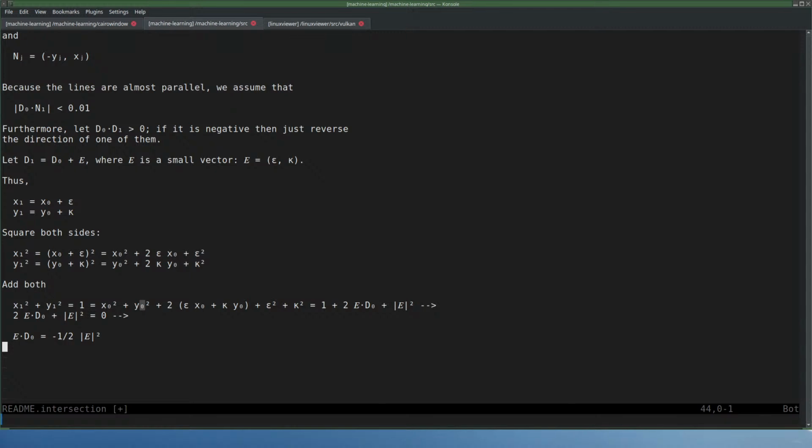And then we have a parallel line here. Call this P1. This is the intersection point. And P1 is anywhere else on this line.